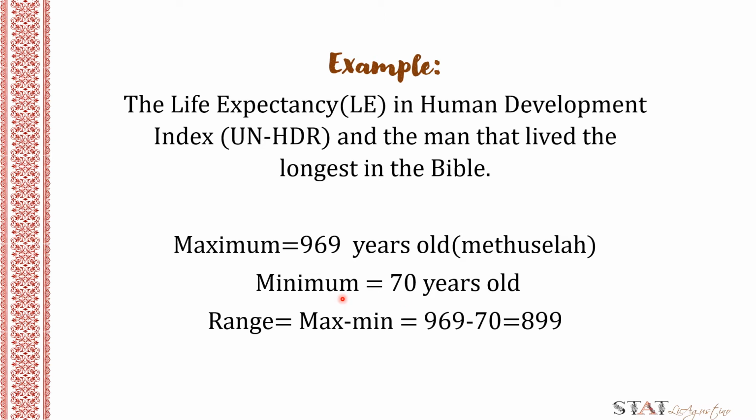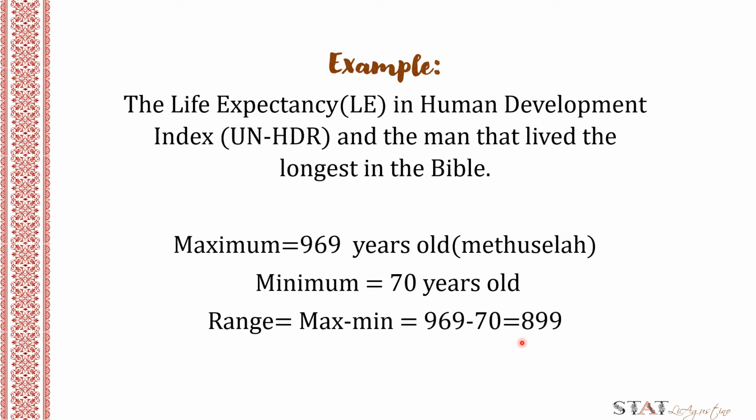To compute the range, we just subtract 969 minus 70. So the range is 899.